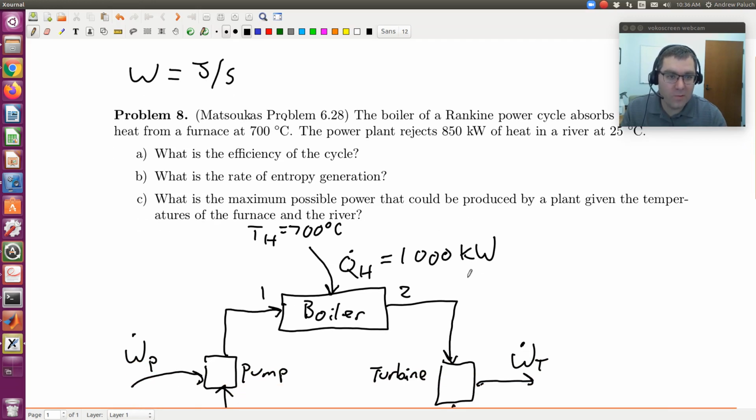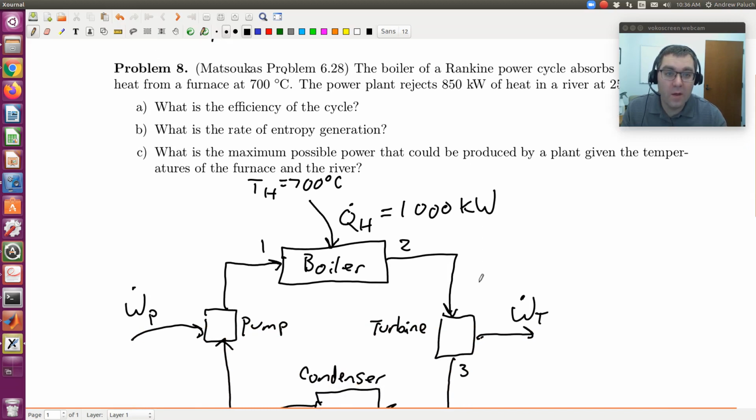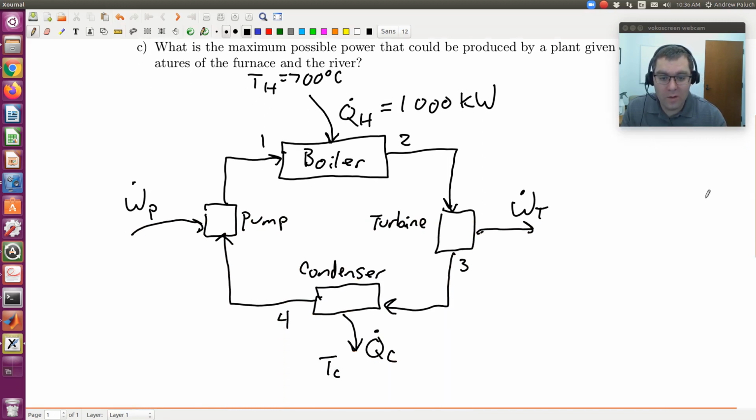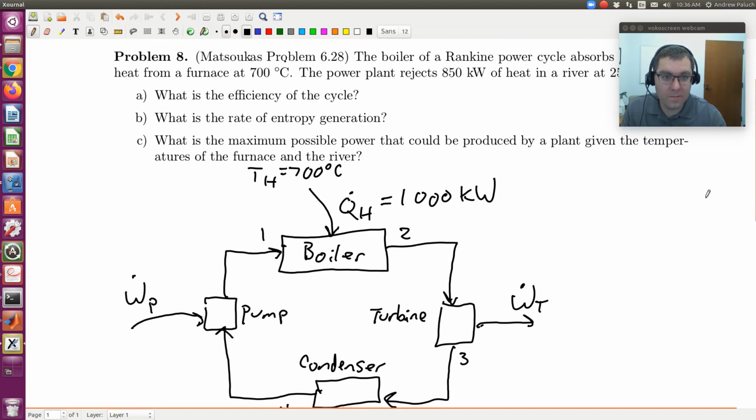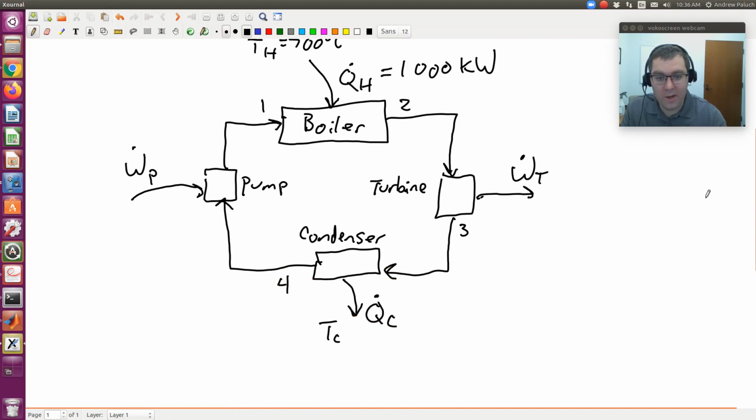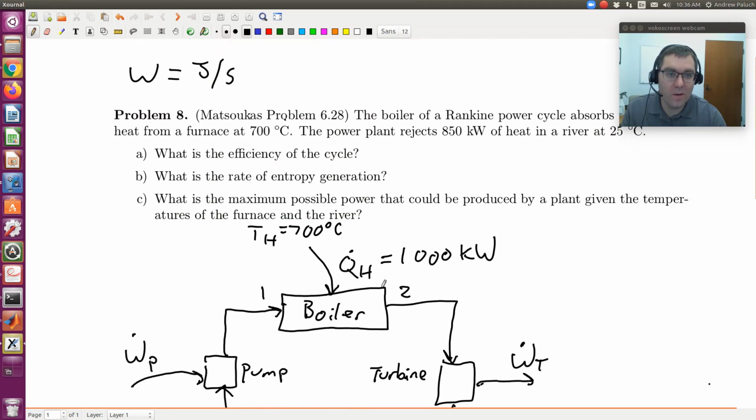The heat's absorbed, so it's positive. Then we're told that our plant rejects 850 kilowatts, so QC would be a negative 850 kilowatts. Remember, watts are joules per second. I have a dot up here, so I have my rate.